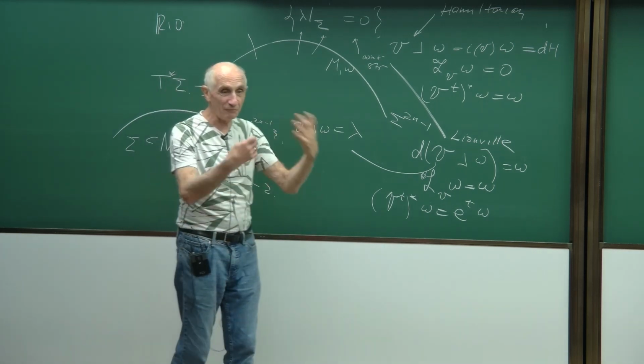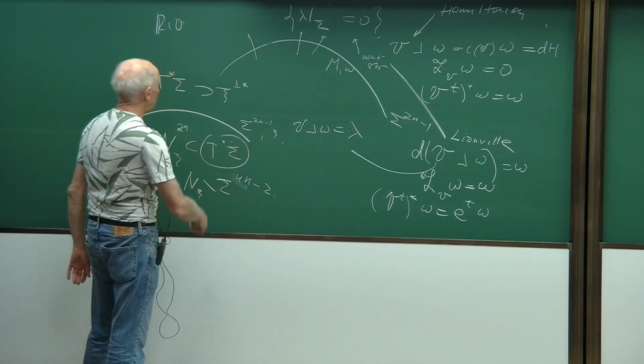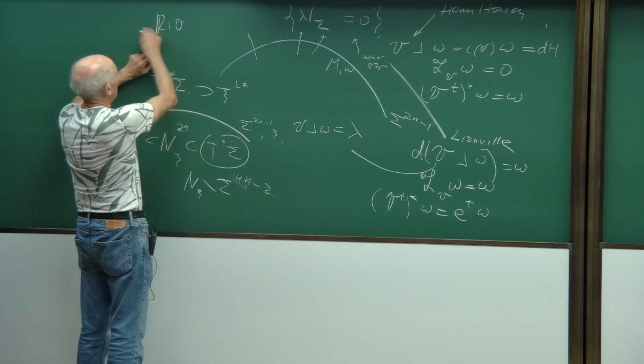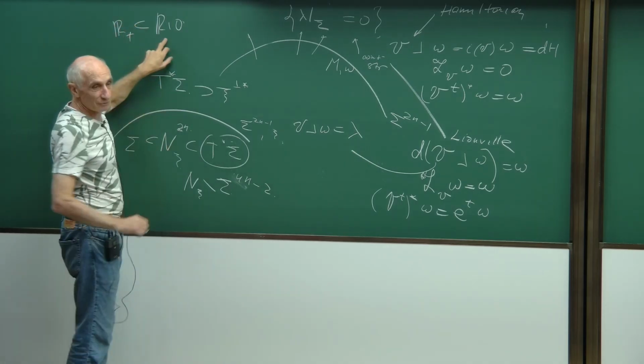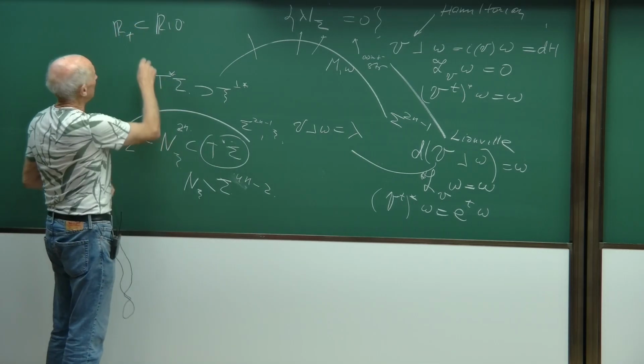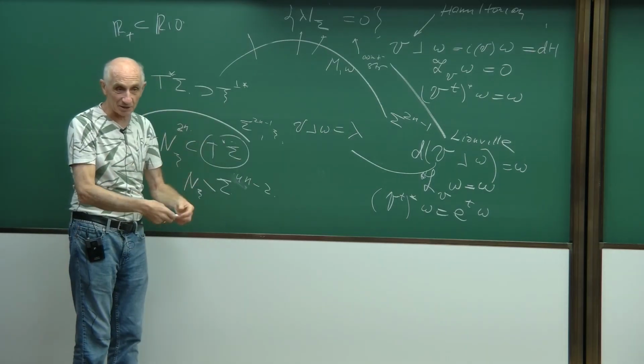So if you fix a coorientation, then as people usually do, we consider instead of the R star bundle, the R plus bundle, and this is called the symplectization.